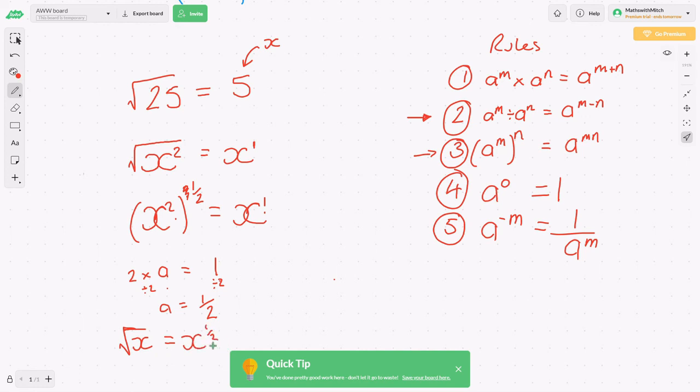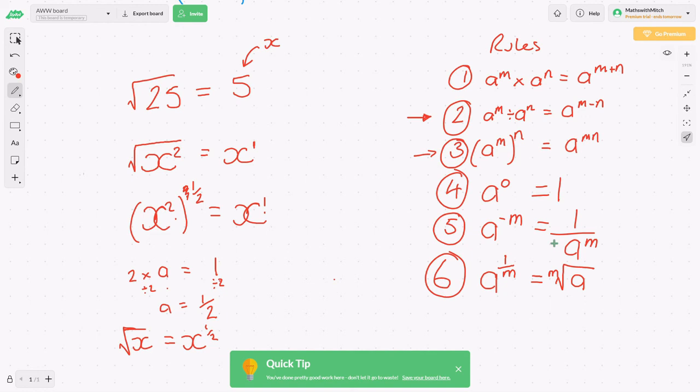So we can say that a root is the same as a fractional power, and we can have that as a generalized rule and say that if we have a to the power of a fraction, 1 over m, that is the same as the m-th root of a. So that is the rules of indices, the first 3 rules, and then from that we can get the following 3 results that come from that.